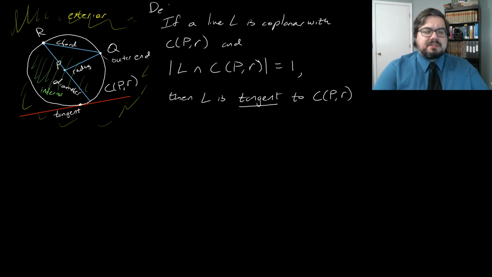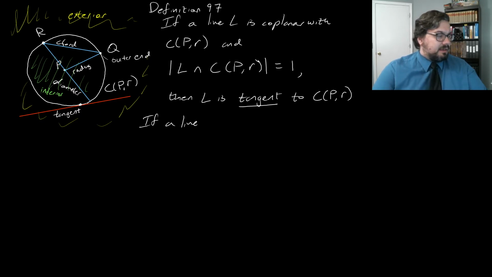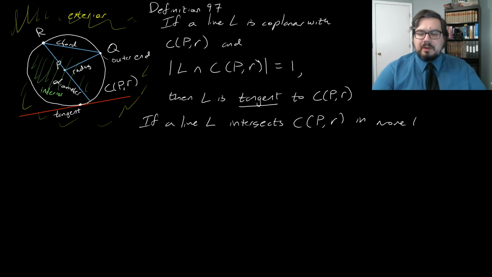Oh, sorry, this is definition 97. And then if a line L intersects C(P,R) in more than 1 point, it is called a secant line.